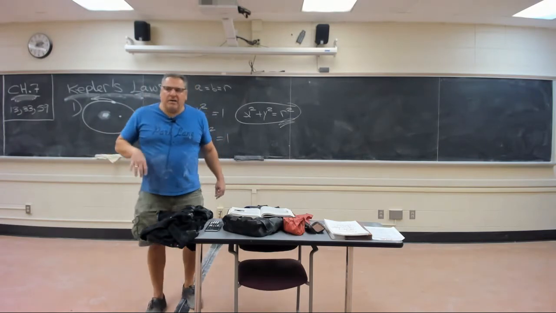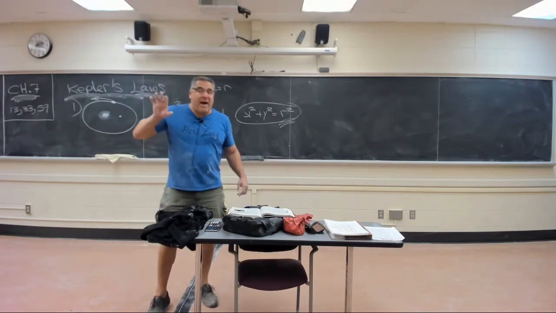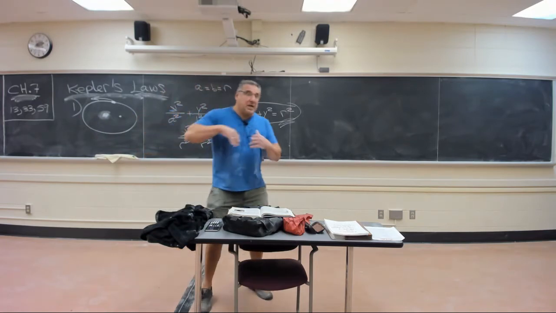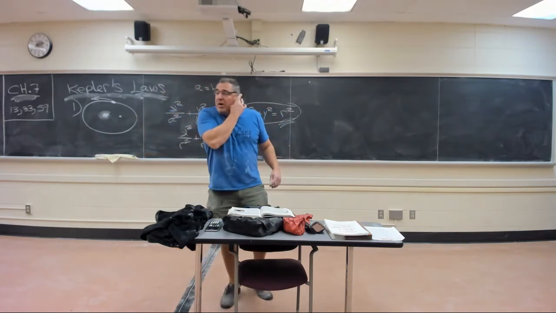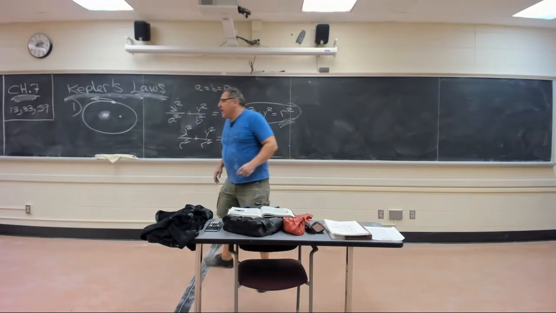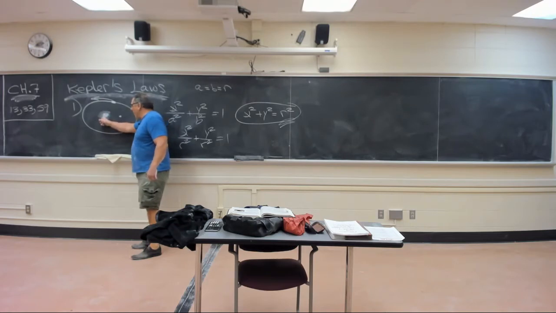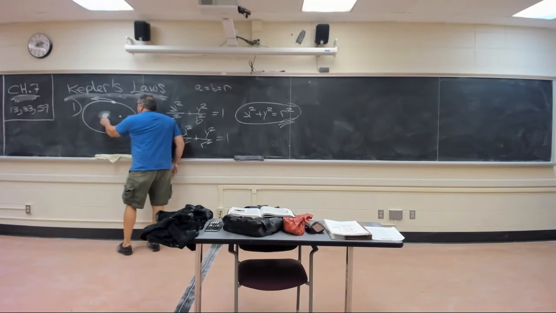The sun, or whatever massive object it may happen to be, it may be a black hole, it may be another galaxy, it may be a white dwarf, whatever it is, it is at one of the foci, and the other focus you just write here for the mathematics of it.